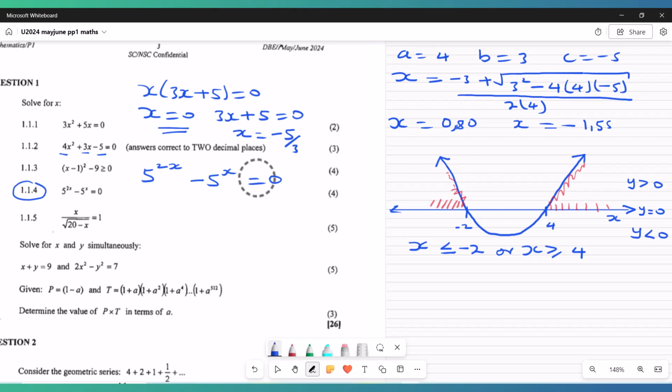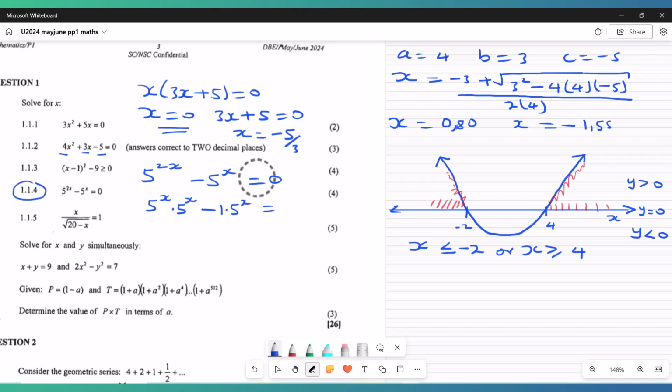Because these are only two terms, we can write 5 to the power 2x as 5 to the power x times 5 to the power x again, because x plus x gets us to 2x.